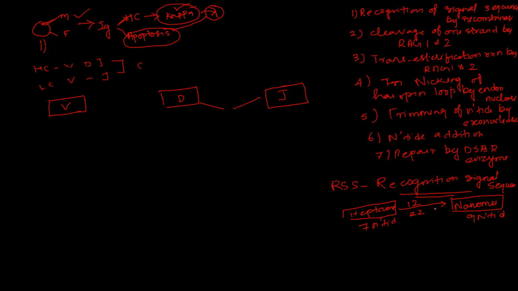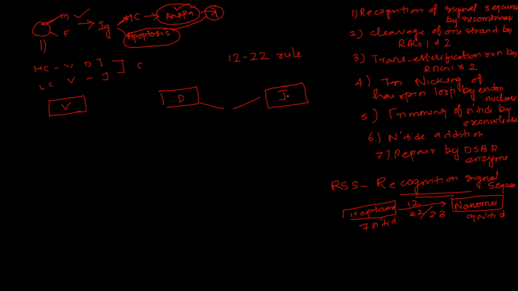Okay, so in a few books you can see instead of 22 it might be 23. Okay, so the way this V and D or D and J is going to come together is based on a rule called the 12-22 rule.